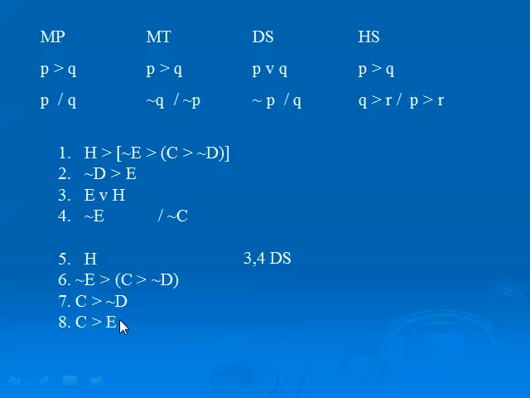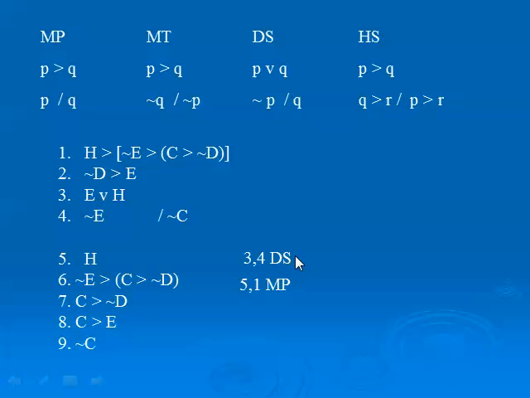C implies tilde D, and tilde D implies E from line 2, make a hypothetical syllogism. So we can say C implies E, and then with tilde E, we can say modus tollens, line 8 and line 4, that tilde C. So here are the other justifications.